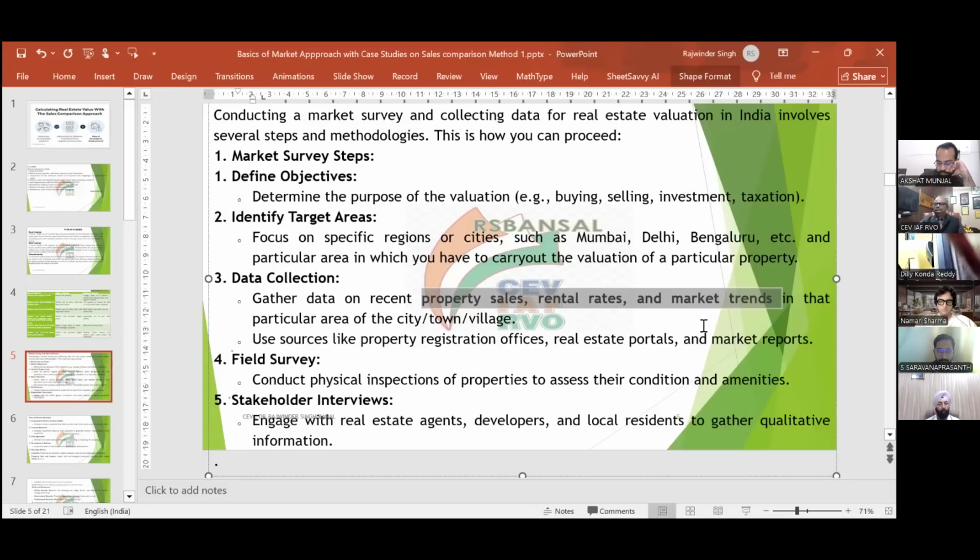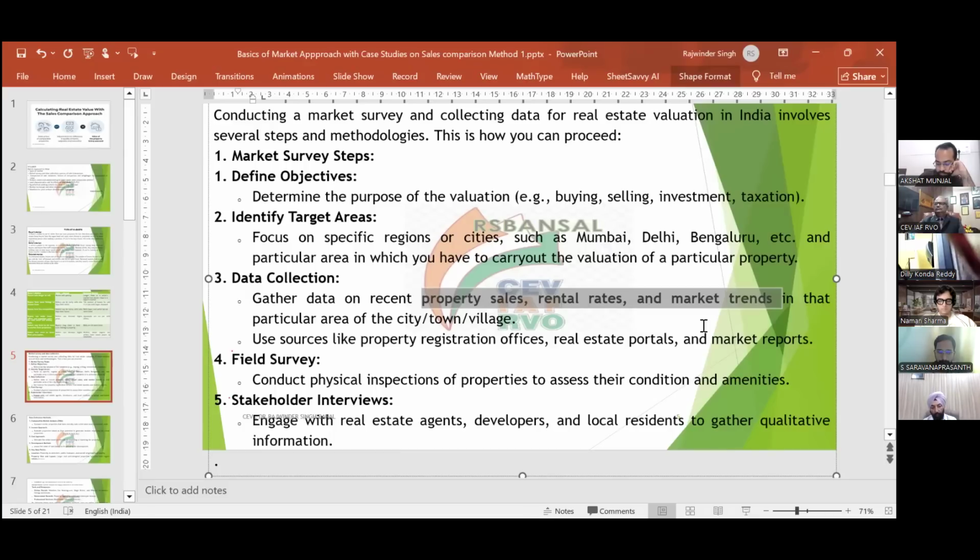And then field survey. You have to conduct physical inspections of the properties to assess their conditions and amenities. So it does not mean that you have to collect the data only about the sale price or rental details.